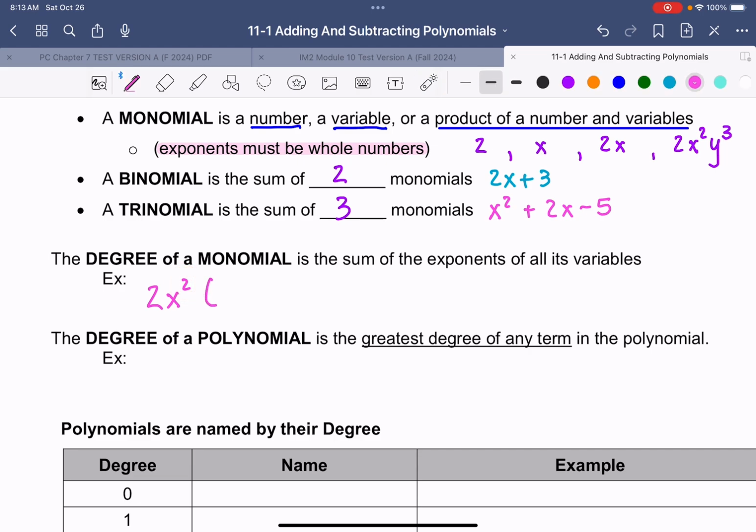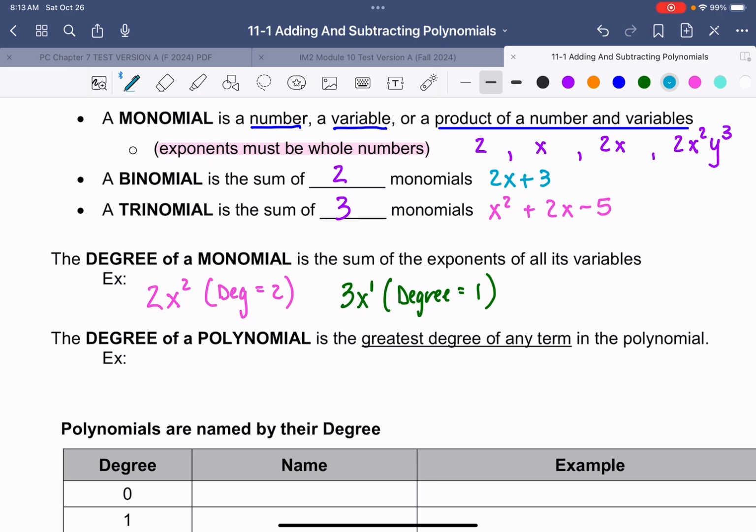This degree would just be 2. If I have something like 3x, what's that variable's exponent? Since it's not written, remember we put in that little 1. This degree would be 1.